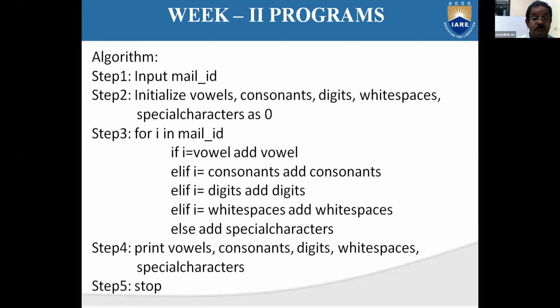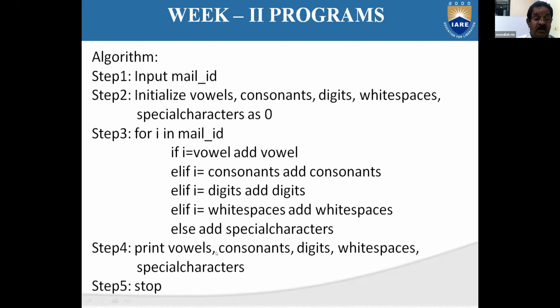Now digit will become 1. If it is none of them, and it is a white space, then white space is going to be added. Else, if it is a special character, then it is handled like that. You are going to check the conditions and get the total count of vowels, consonants, digits, white spaces, and special characters.